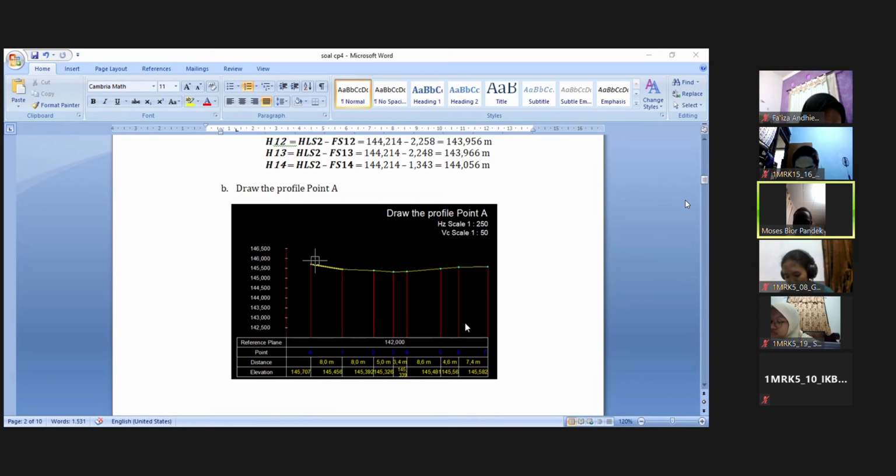We have been given the scales: the vertical scale is 1:250, and the horizontal scale is 1:50. If we use those scales, then our work will appear like this.